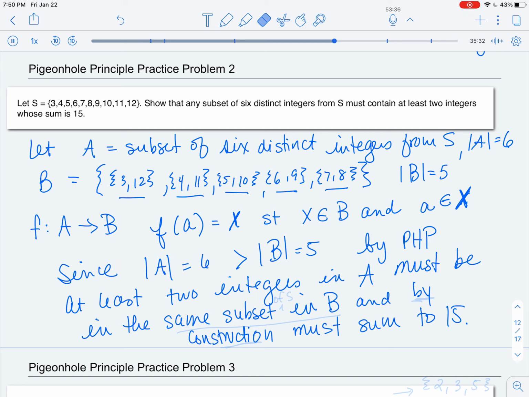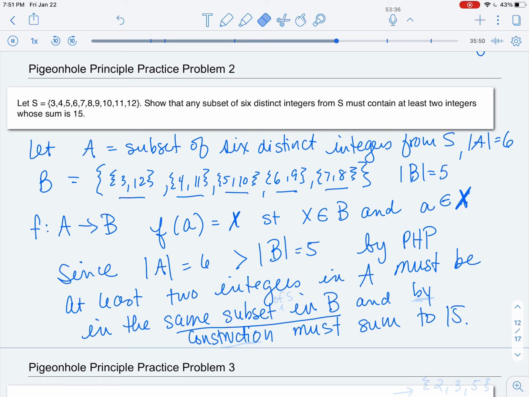Okay, so this is another example of applying the pigeonhole principle, and you'll notice that just a little bit of precision with notation can help you. One thing that may have seemed a bit ambiguous is when I said "in the same subset in B."